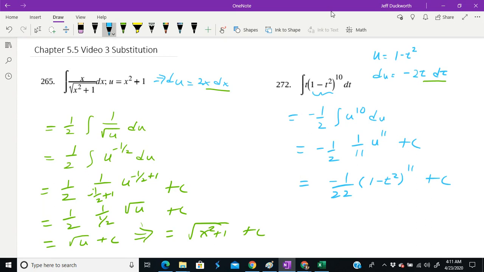All right, and we can see this because if we do the chain rule on this, first of all, the 11 comes down, and we have negative 1/2. And then we take the derivative of the inside, we get negative 2t, which comes out as just t when it's all canceled.